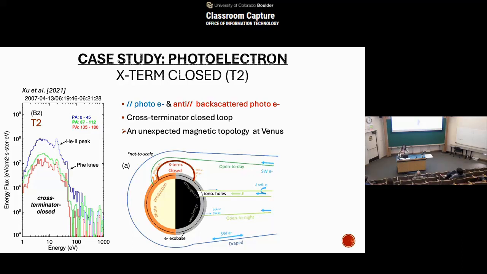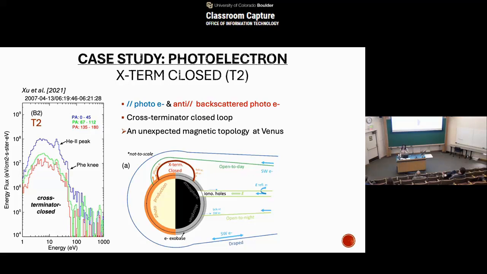This is a very unexpected topology at Venus, because if you just imagine a field line draping around the planet, it doesn't create kinks like this. So to this day, we still don't know the cause of such a configuration.